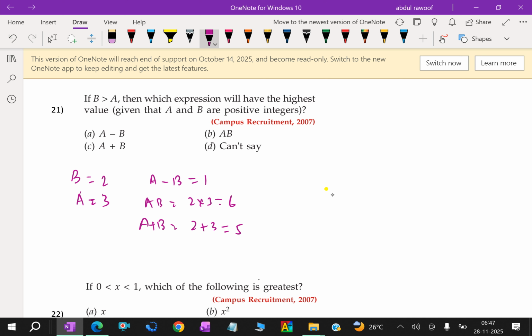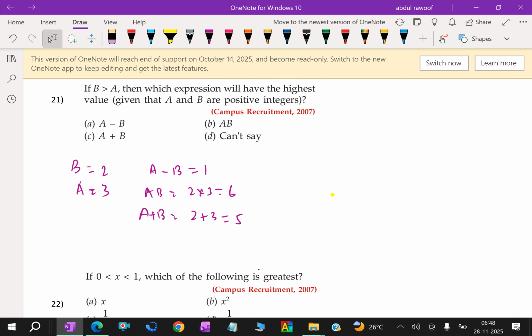Further, this is not enough to decide. Here b is greater than a is given.